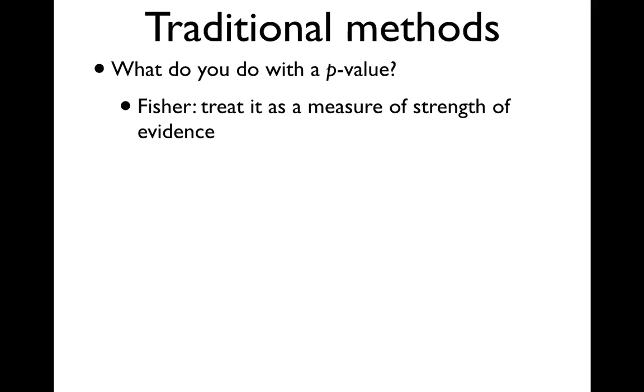I would think that value is unlikely to have come from this distribution in my imaginary world of zero difference. So you can use the p-value, the proportion of values beyond which the observed value is greater than, as a measure of the strength of evidence.